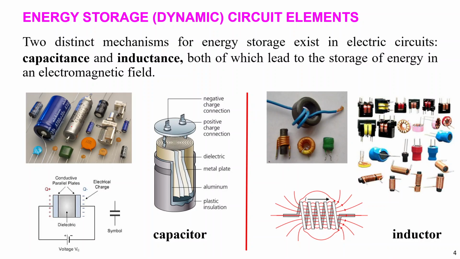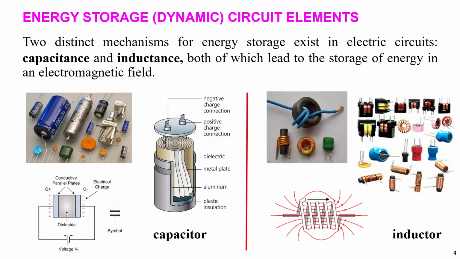So, energy storage devices like a capacitor and inductor in the circuit respond only to changes in voltage and current. If the voltage is constant and the current is constant, this device will not respond.